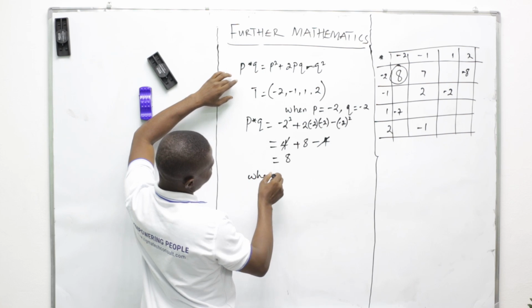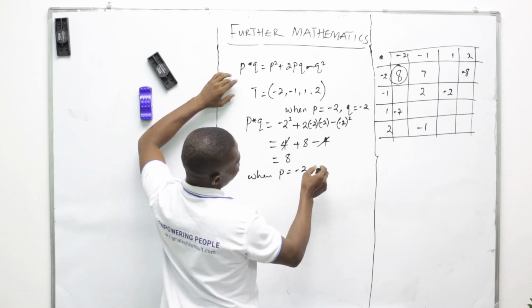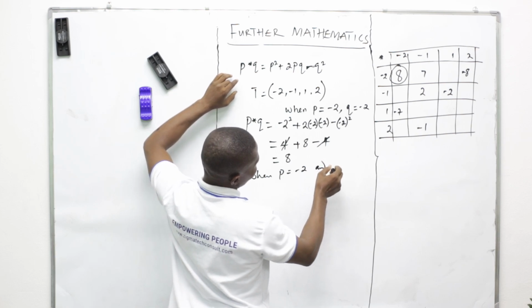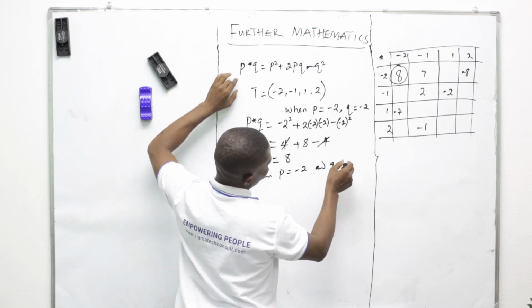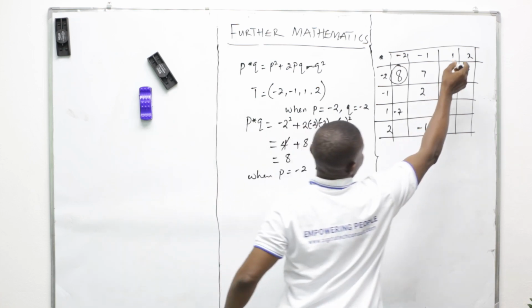When P equals minus 2 and Q equals plus 1, we are filling here.